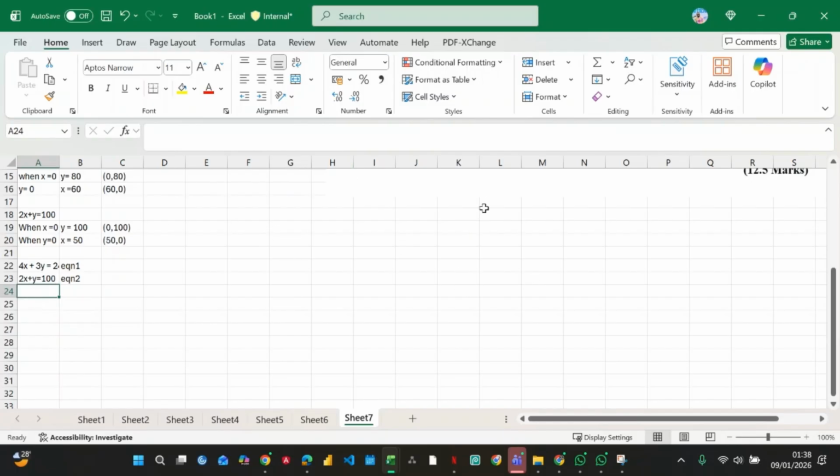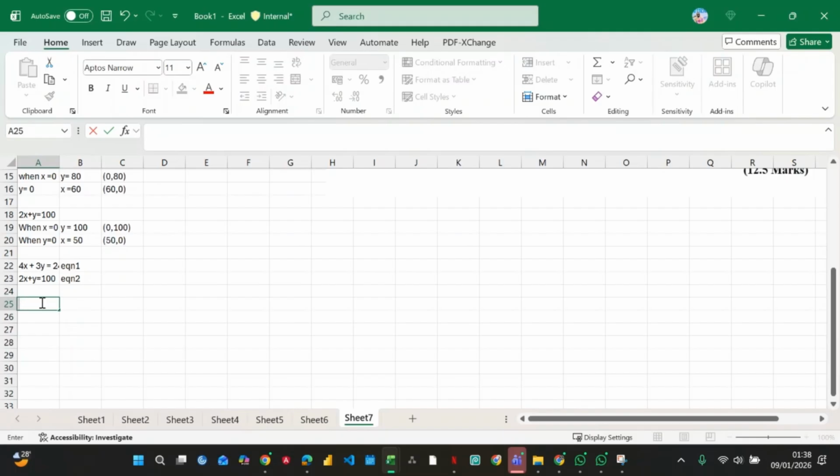So we want to solve it simultaneously. We are going to substitute from equation two into equation one.